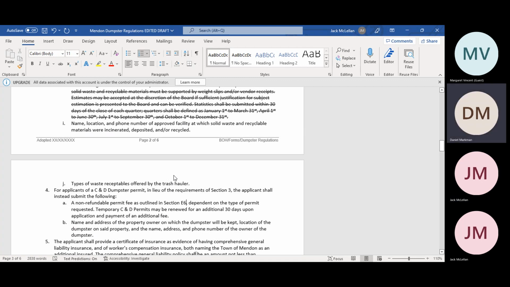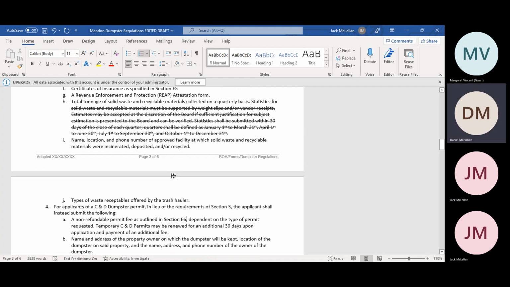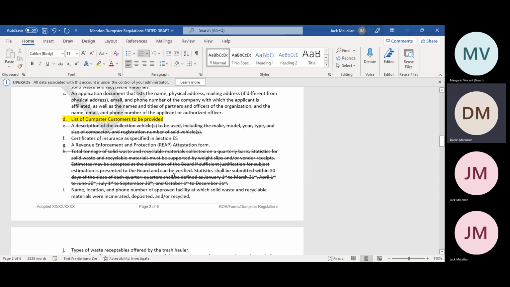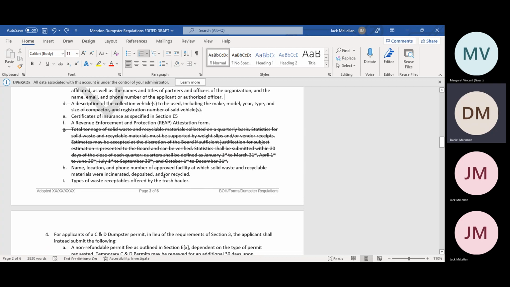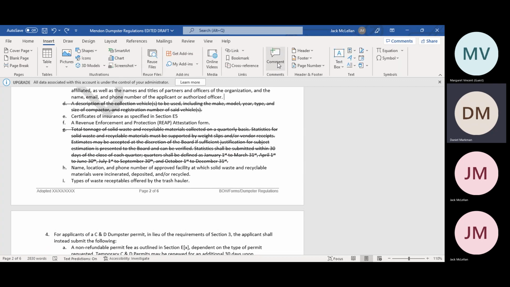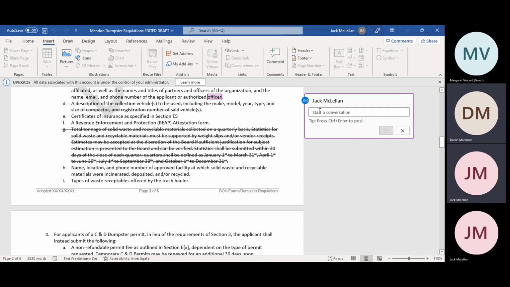The reason for this is that by definition, anyone that is a licensed trash hauler may also provide C and D dumpsters without getting an additional permit. So the purpose of that item is to specify: if you are a trash hauler, are you just providing solid waste disposal, or are you also providing C and D?